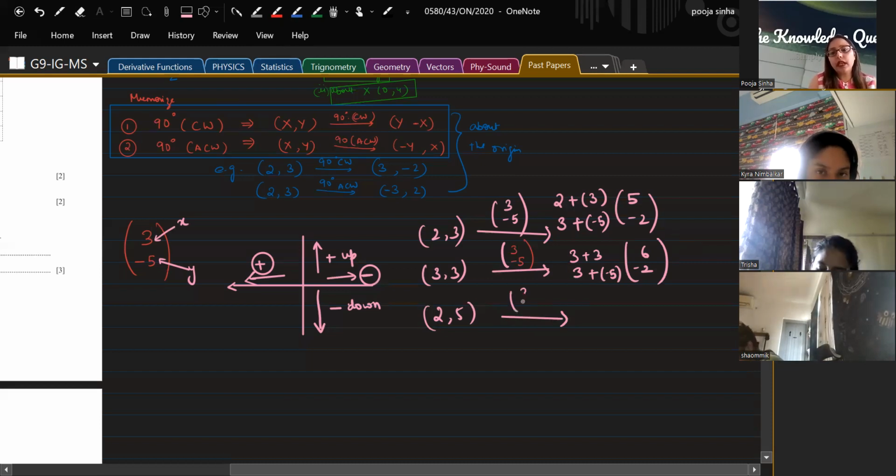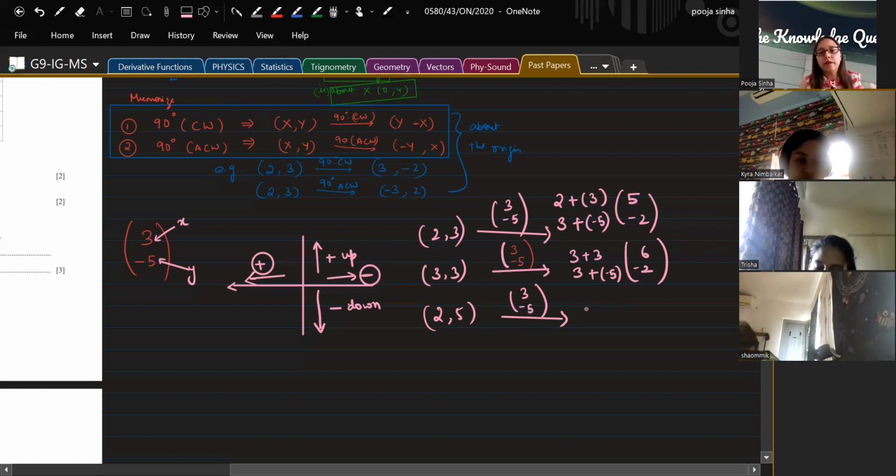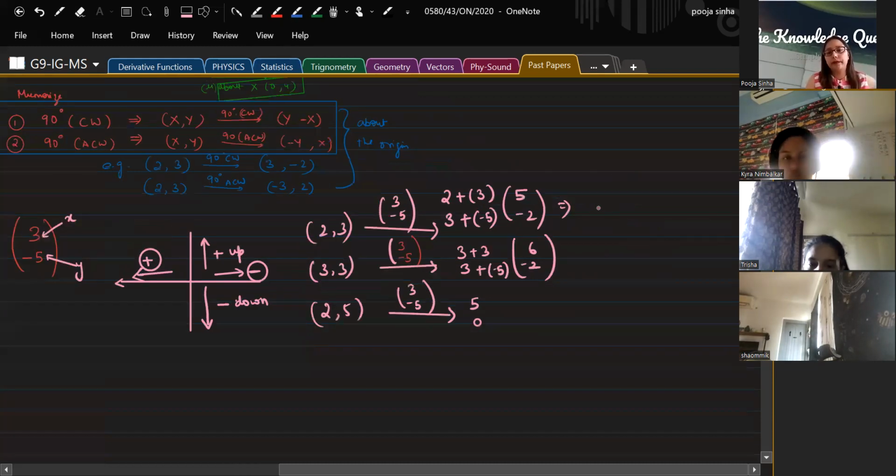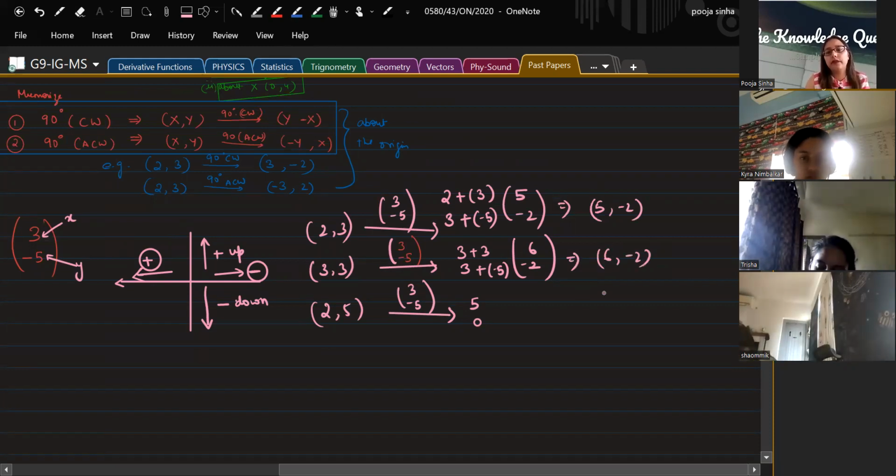Then here, 3 and -5. So the next point would be 2 plus 3 is 5 and then 5 plus -5 is 5 and 0, right? So the new coordinates after translation are 5, -2, this is 6 and -2, and 5, 5 comma 0. Is that clear?